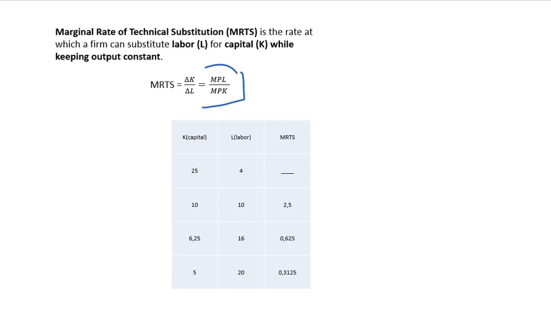As we know, MPL, marginal product of labor, which we saw in the first video about short run production, is the change in total product over the change in labor, which means the change in labor is the change in total product over MPL. Same thing for MPK. MPK is the change in TP over the change in K, so the change in K is the change in TP over MPK.